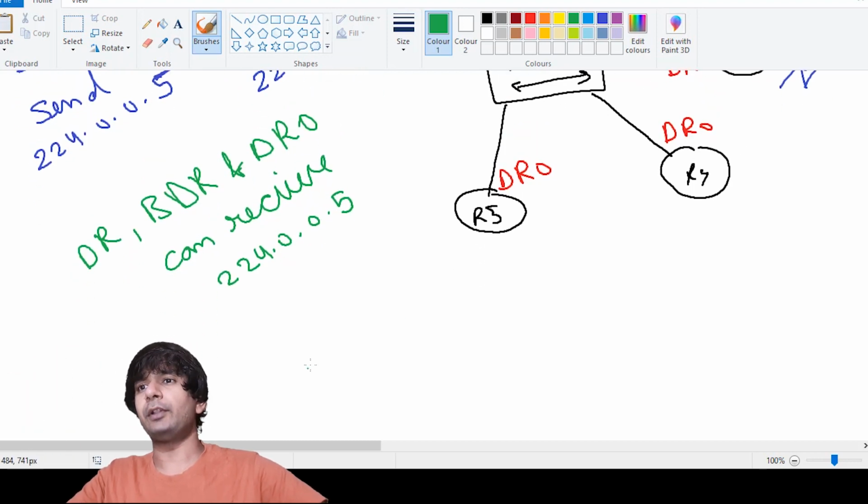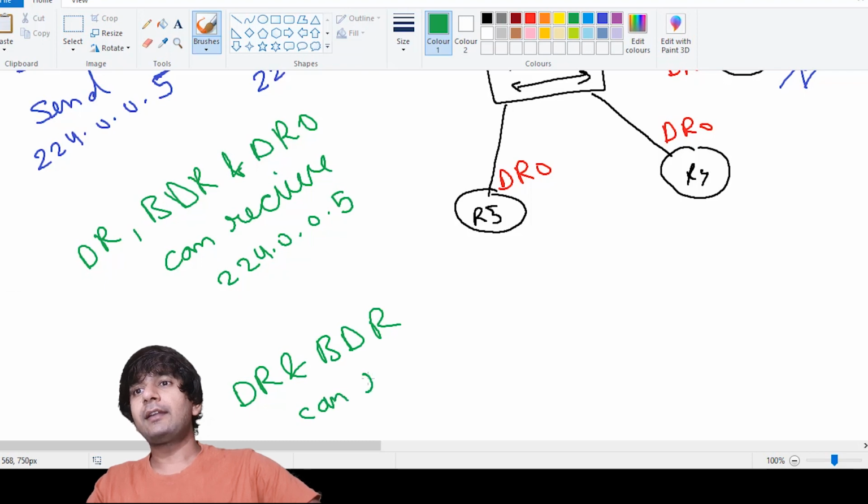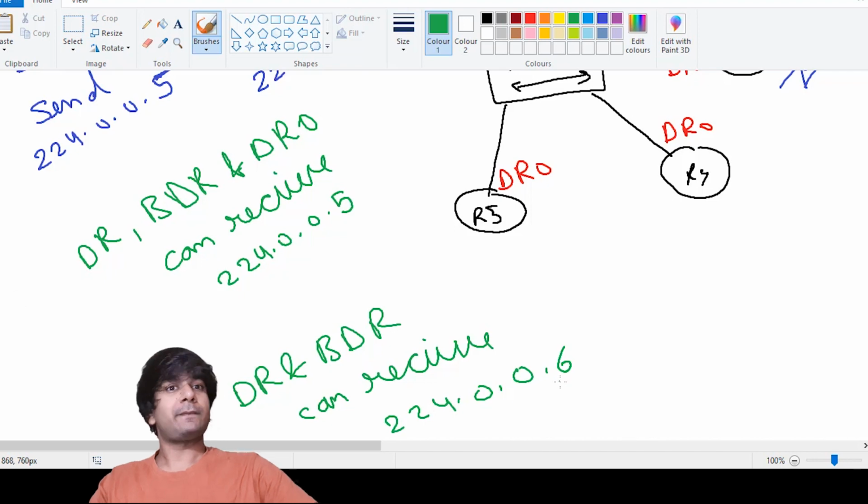Now let's talk about the receiving of .6. If you are receiving a packet on .6, guys, only DR and BDR can receive on 224.0.0.6.